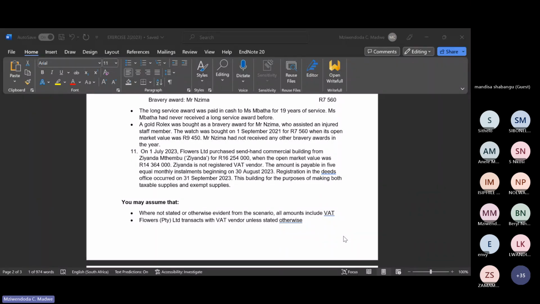So which means if the payment is made on this date or before this date, this paragraph will not apply. So that is an exception. Okay, thank you so much for your question.